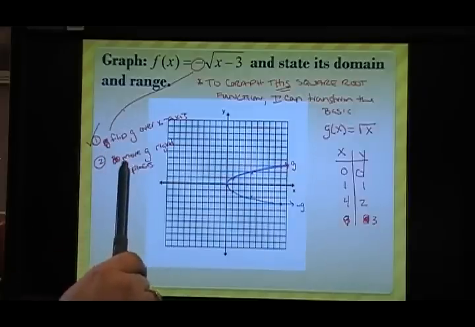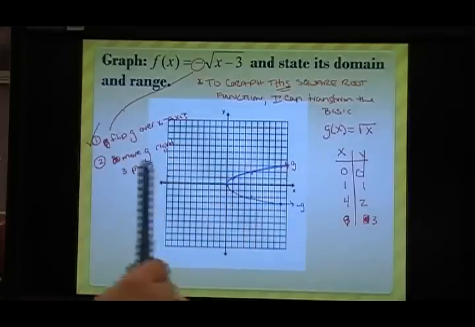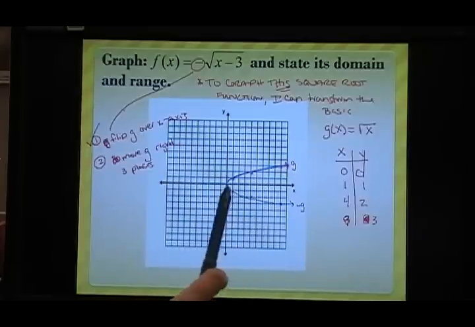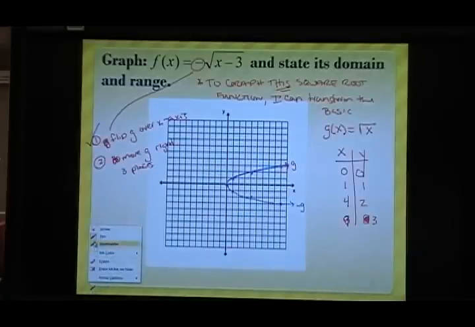Okay, now I want to take the opposite of g and move it to the right 3 places. So all of these points I now need to move right 3. So let me go black here. So this is no longer, right? And I've got this graph here. So move to the right, 1, 2, 3. Move to the right, 1, 2, 3.